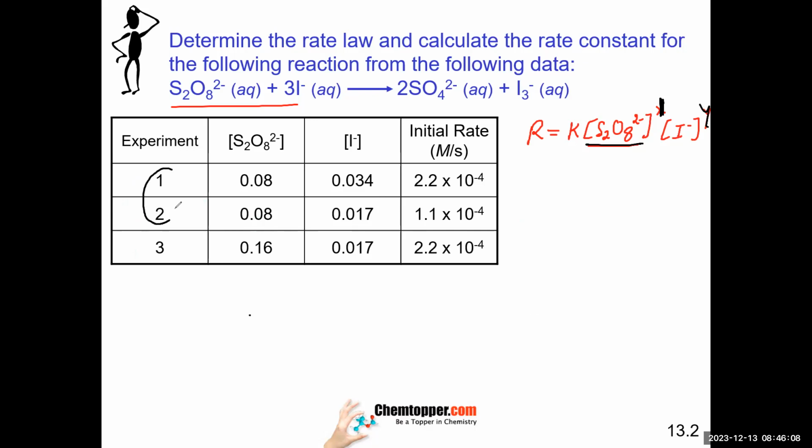Everybody is getting it? Very simple question. Don't lose marks in this. So this cancelled. How many times? This has decreased by half. How many times has the rate decreased? By half. So 1 by 2 raised to power y is 1 by 2.